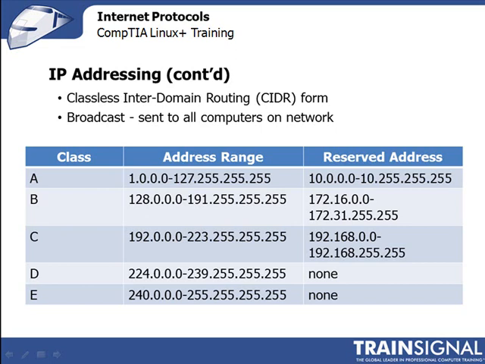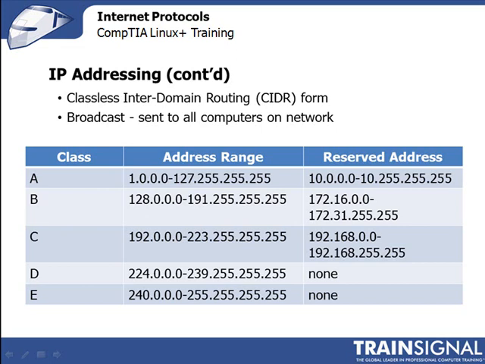Next we have Class B, which picks up where Class A leaves off and starts at 128.0.0.0, and it goes all the way to 191.255.255.255. Its reserved address range is 172.16.0.0 to 172.31.255.255. Hoping these numbers aren't starting to all run together at this point.